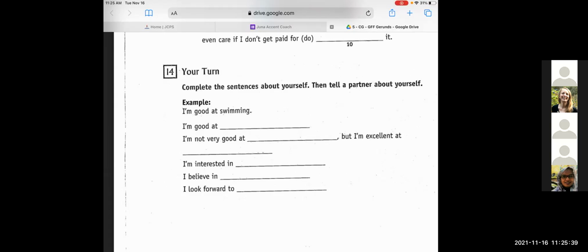We have to follow it like this way: I look forward to meeting.